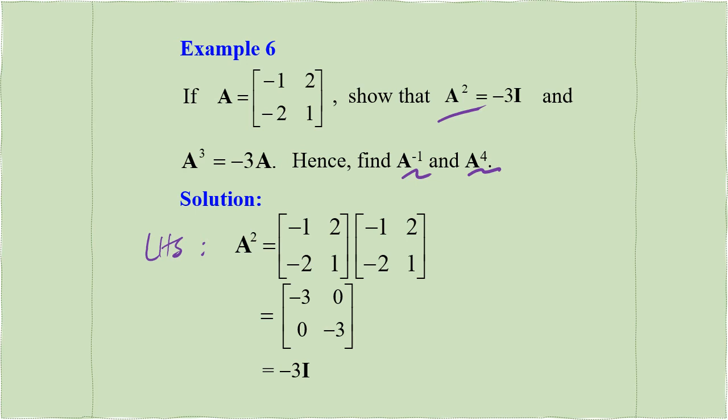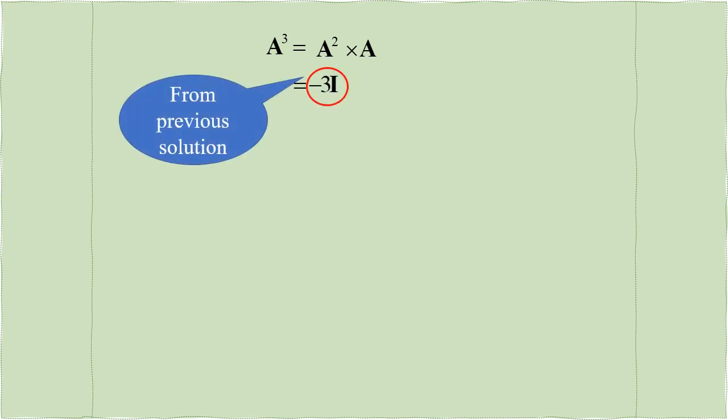And A cubed equal to negative 3A. So what is A cubed? If we know that A squared equal to negative 3I, means A cubed is equal to A squared multiplied by A. So we can just replace the A squared equal to negative 3I from the previous solution.